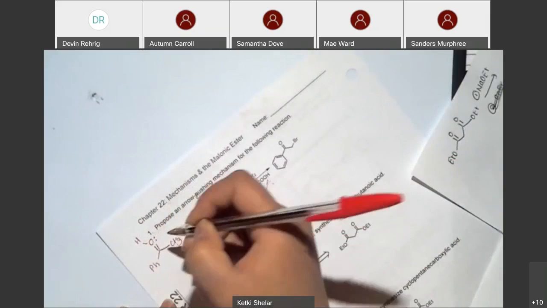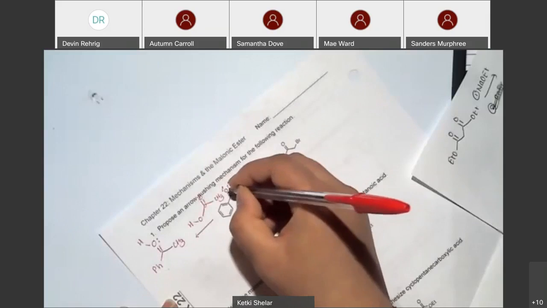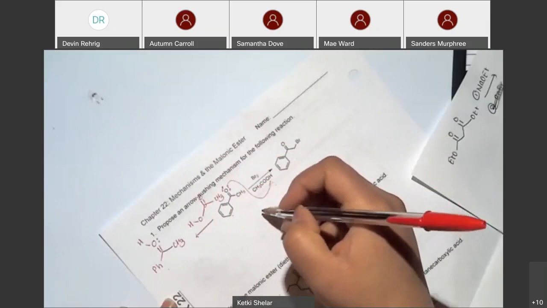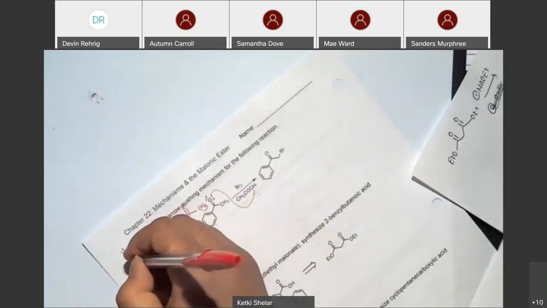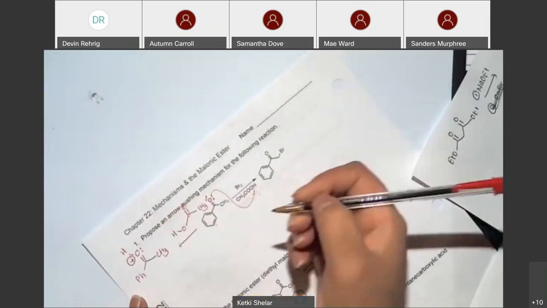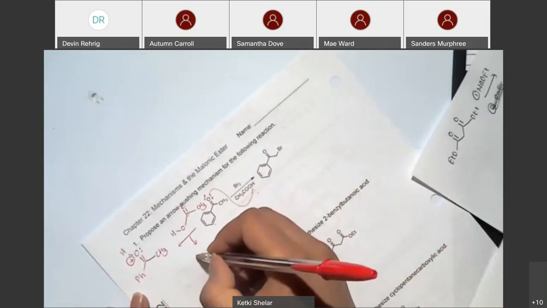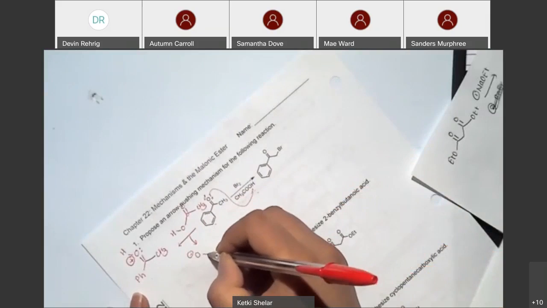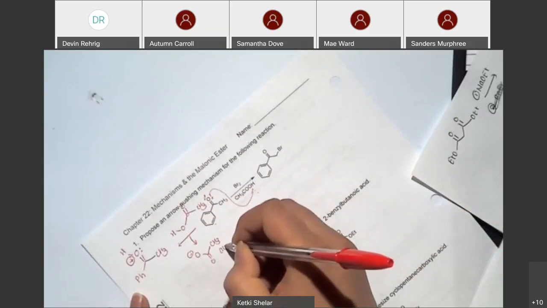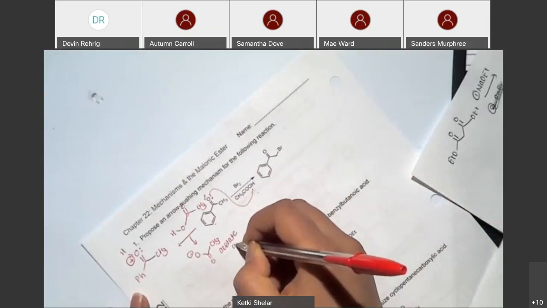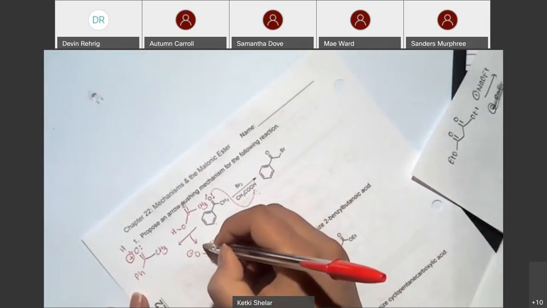Initially, oxygen had 2 lone pairs of electrons, and now, after reacting with hydrogen, it is left with 1 lone pair of electrons. That's why it has a positive charge. And there is a removal of O minus. This is the acetate anion. This step is known as protonation.